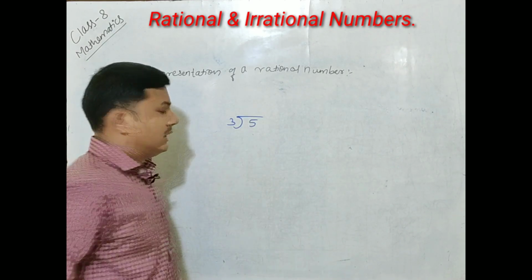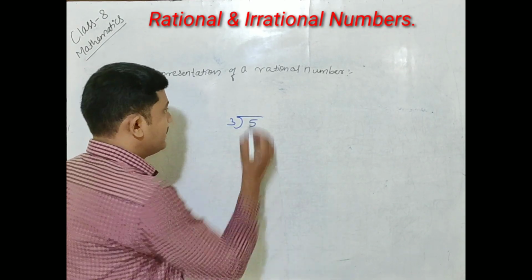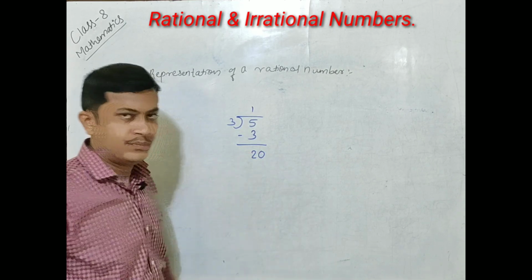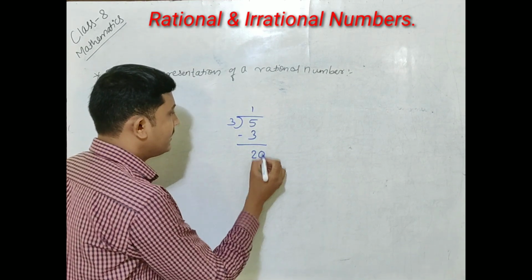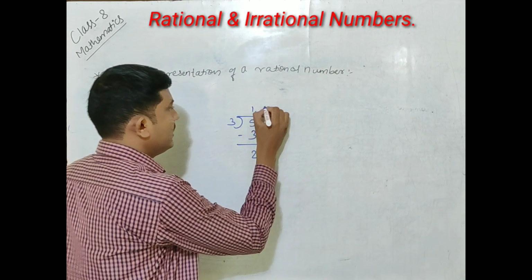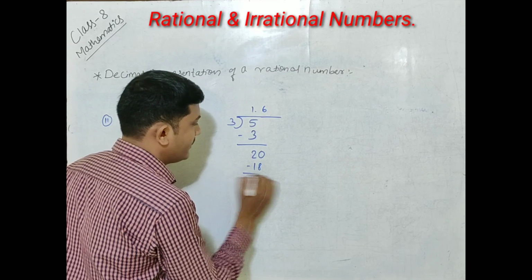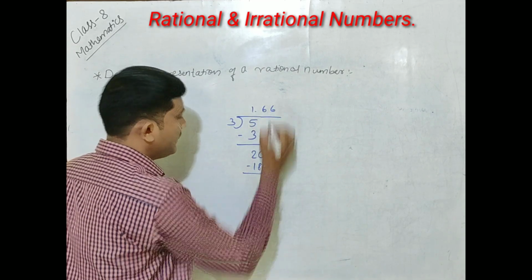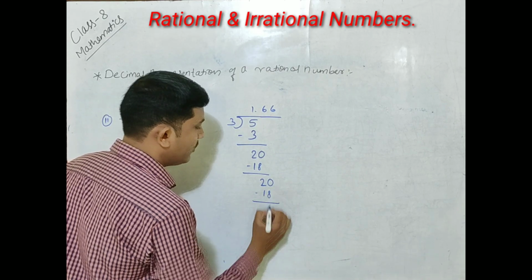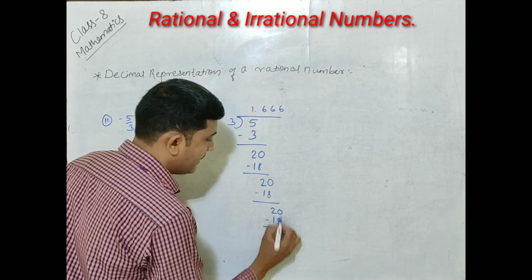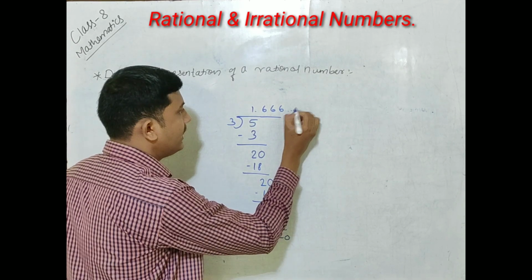Now, do the usual division. 3 ones are 3. Remainder is what? 2. Take 1 0. Again, if we take here 0, we have to give here a decimal point. Now, 3 6s are 18. Remainder is 2. Take 1 0. Again 3 6s are 18. Remainder is 2. It will carry on like this.